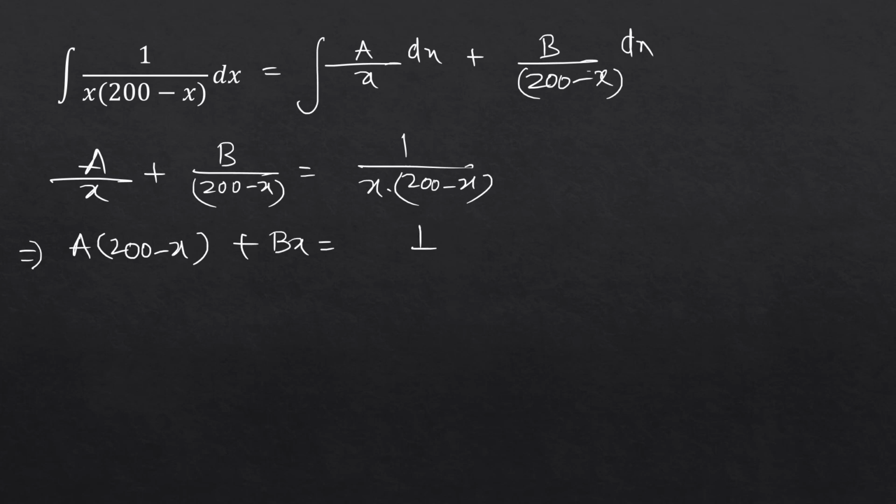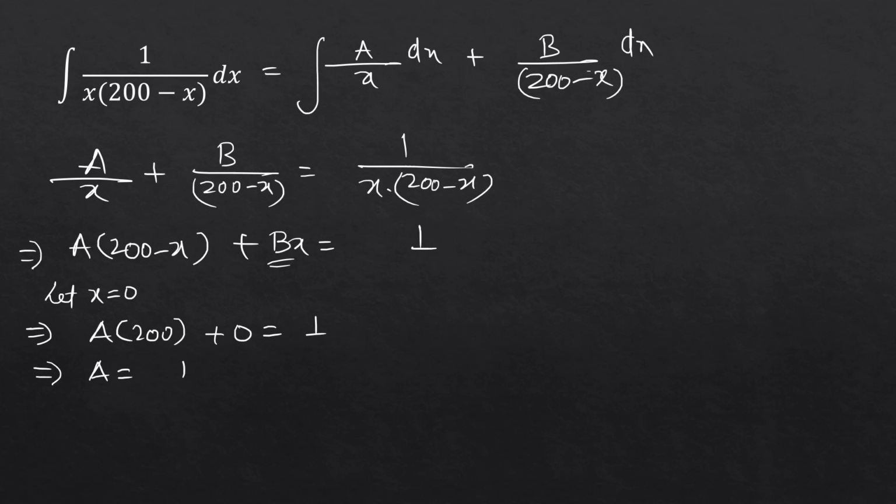So we will try to use the elimination method. First step is let x is equal to 0. I am putting x is equal to 0 so that I can get rid of this b. So it implies that a times 200 plus 0 is equal to 1. So it implies that a is equal to 1 over 200, right?